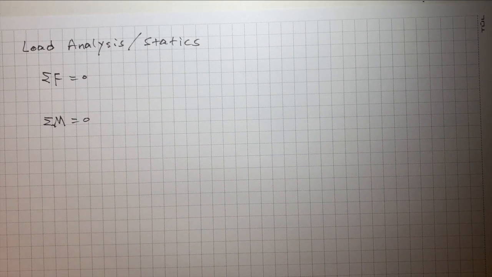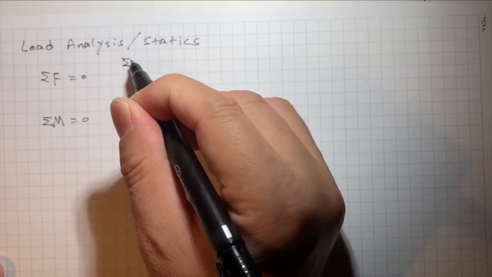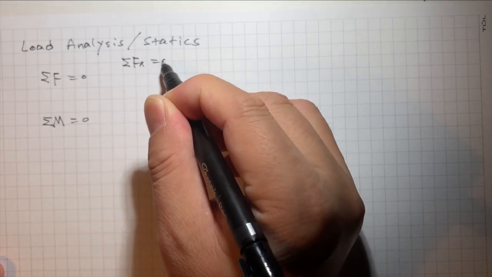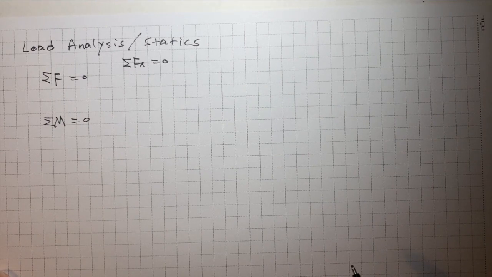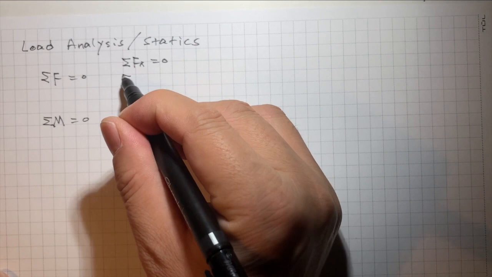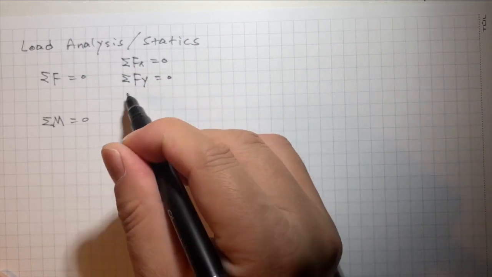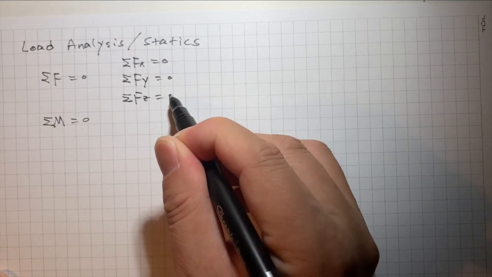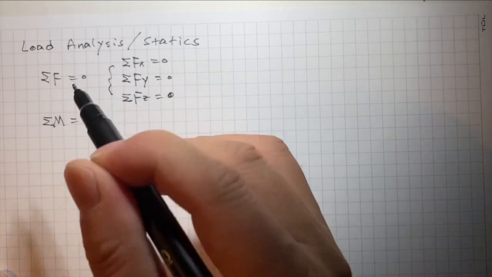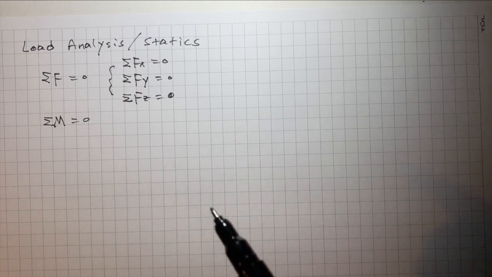F is a vector, so we can write sigma Fx equals 0, the sum of the forces in the x direction is 0, and sigma Fy equals 0, and sigma Fz equals 0. So you can write three equations in the x, y, and z directions.